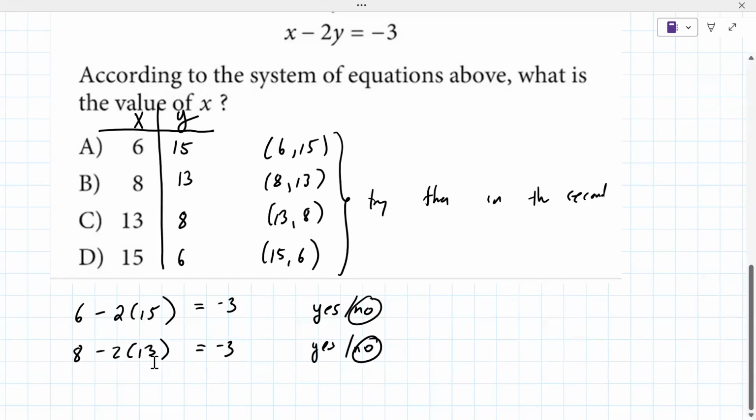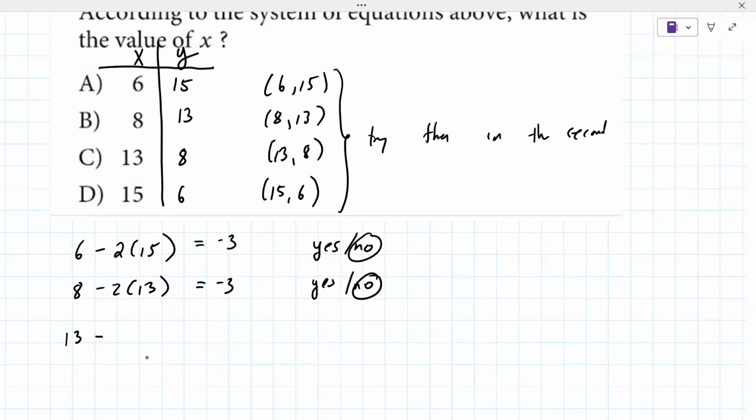So you might be thinking, oh boy, the method is no good. 13 minus 2 times 8, does this equal -3? Yeah. That one does. So there's your answer.